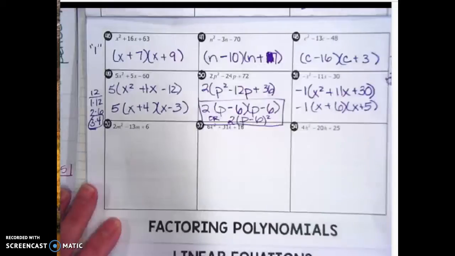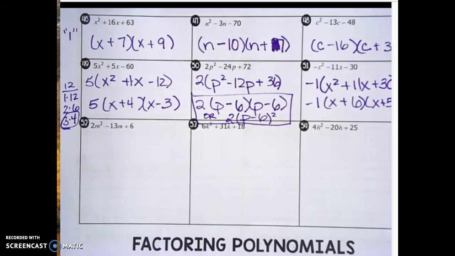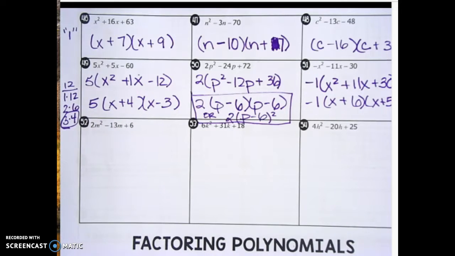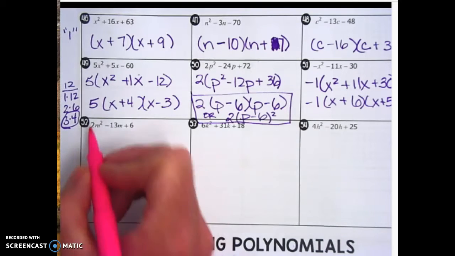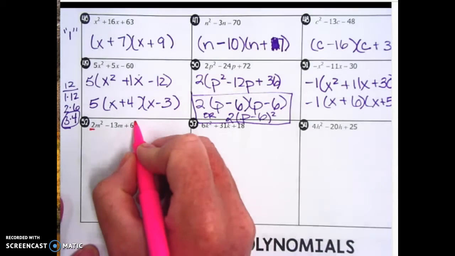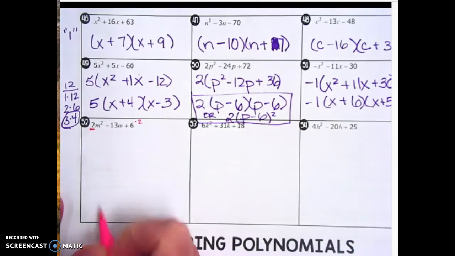If you look down at box number 57, you first want to check and see if there's a GCF. It looks like there's a GCF, but there's not, right? 2 goes into 2 and 2 goes into 6, but 2 does not go into 13 evenly. You see that? So you're going to take that A and multiply it by the 6, whatever the third term is.